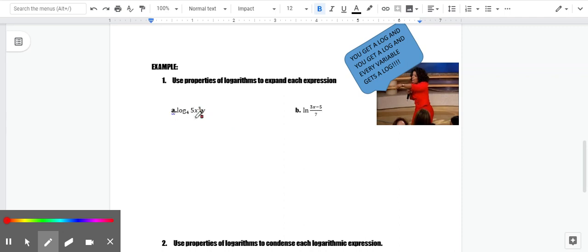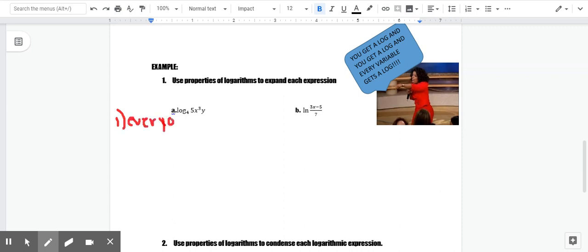So every part of this is going to have its own log. So the first thing we're going to do is start by giving everything its own log. So that's step number 1. Every one gets a log. That is our first step.